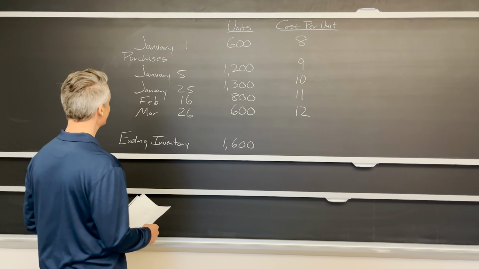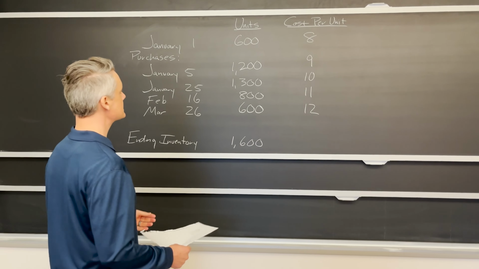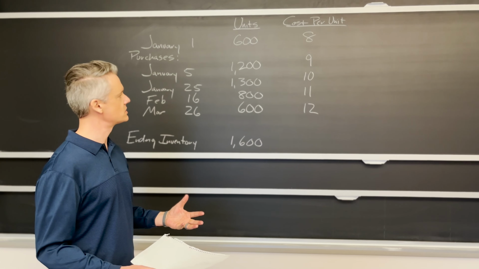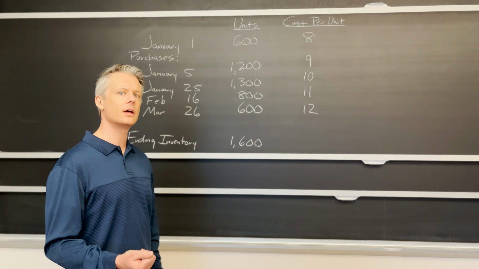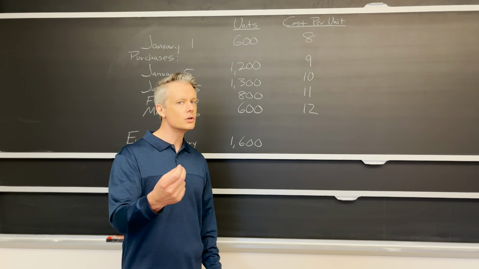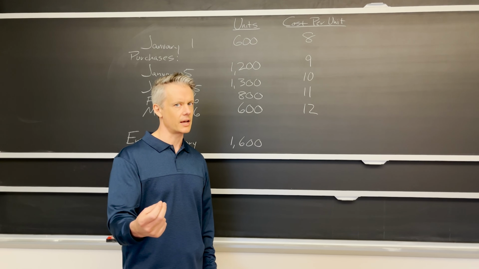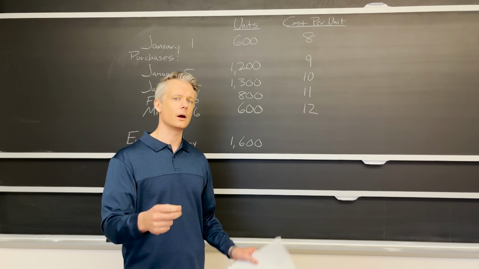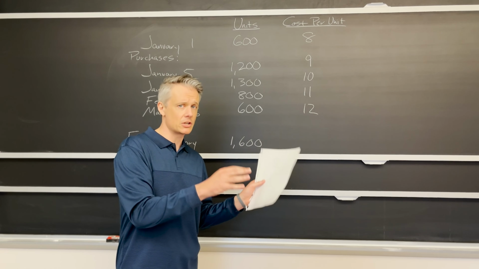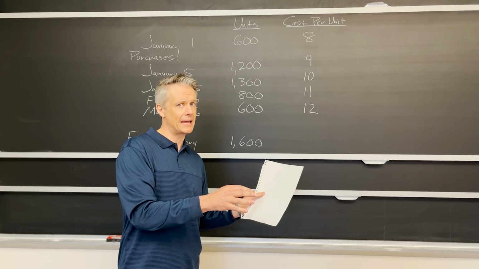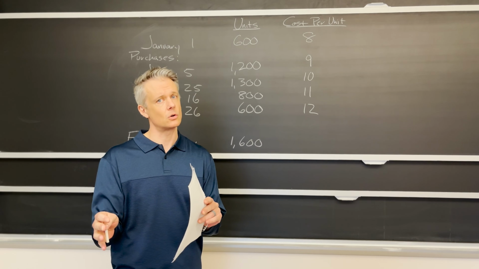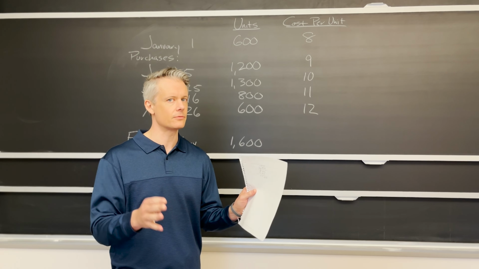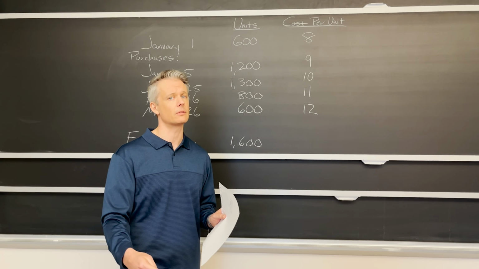All right, so let's attach some dollar amounts to this so that we can get a handle on the goods available for sale, and then we'll go from there and pinpoint how much of those goods are going to remain in inventory and how much is sold. And again, that's going to differ depending on the inventory method that we choose.